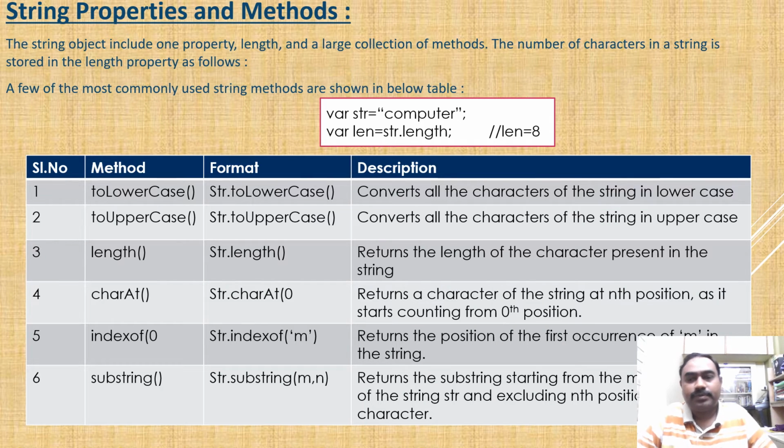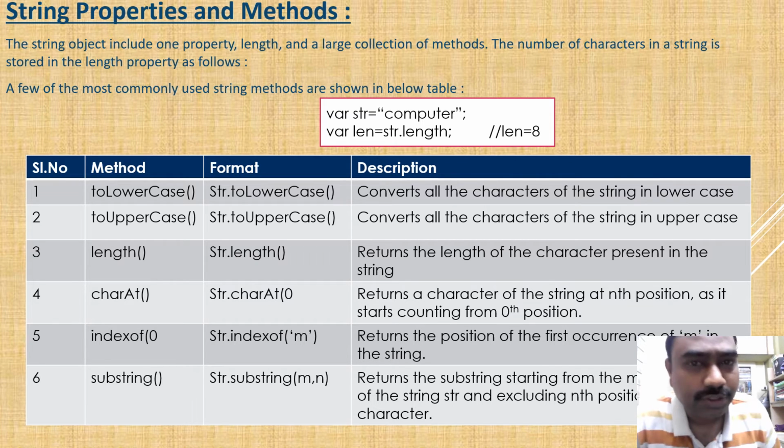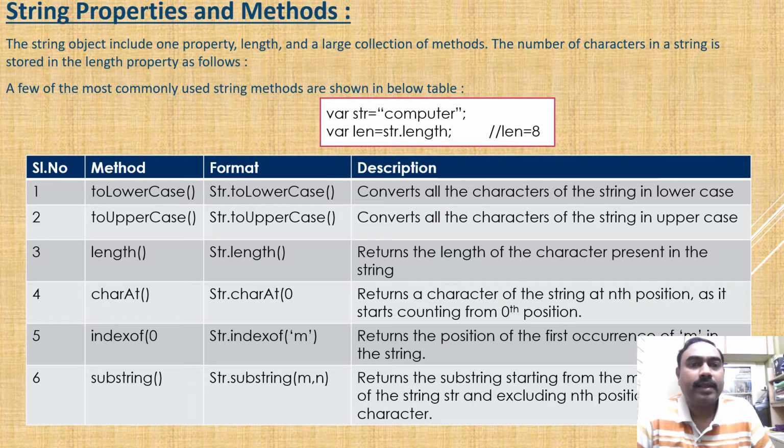So JavaScript supports string properties and methods. The string object includes one property, length, and a large collection of methods. The number of characters in a string is stored in the length property as follows. You see a few of the most commonly used string methods.